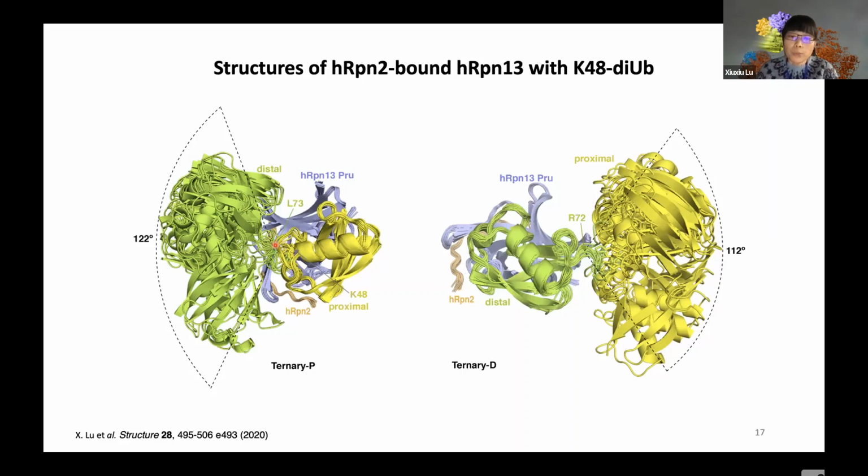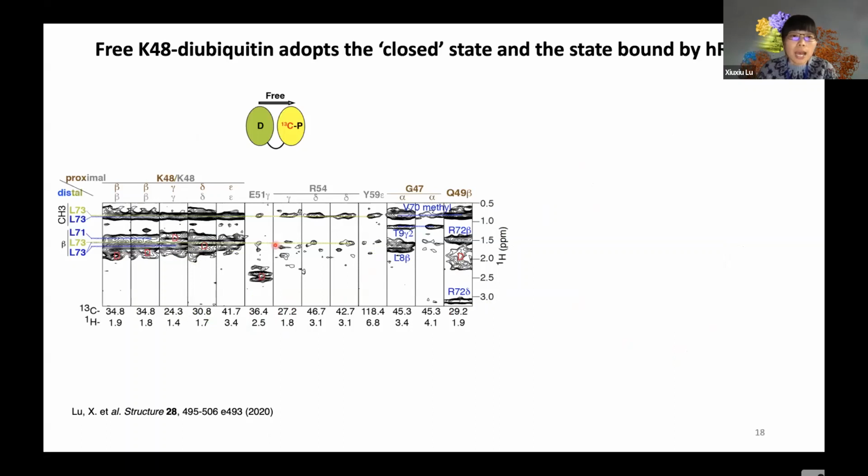We were wondering whether this new conformation is induced by RPN2-bound RPN13 or already exists in the free solution of K48 diubiquitin. So I ran carbon-13 half-filtered NOESY on free K48 diubiquitin with proximal ubiquitin carbon-13 labeled. These are the carbon-13 labeled proximal ubiquitin residues. You can see NOEs to distal ubiquitin residues.